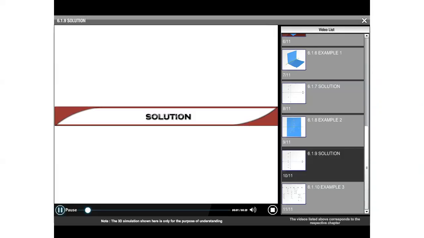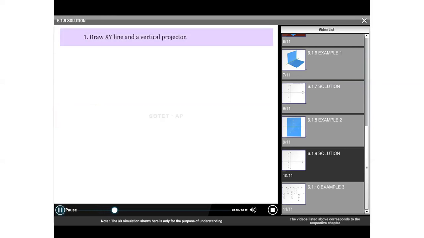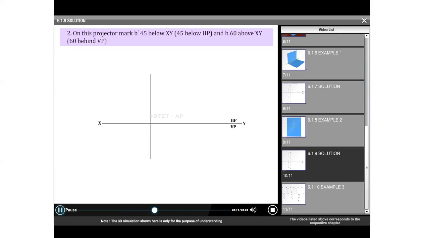Solution to example 2. Draw the XY line and a vertical projector. On this projector, mark front view b' 45 mm below the XY line and top view b 60 mm above the XY line.